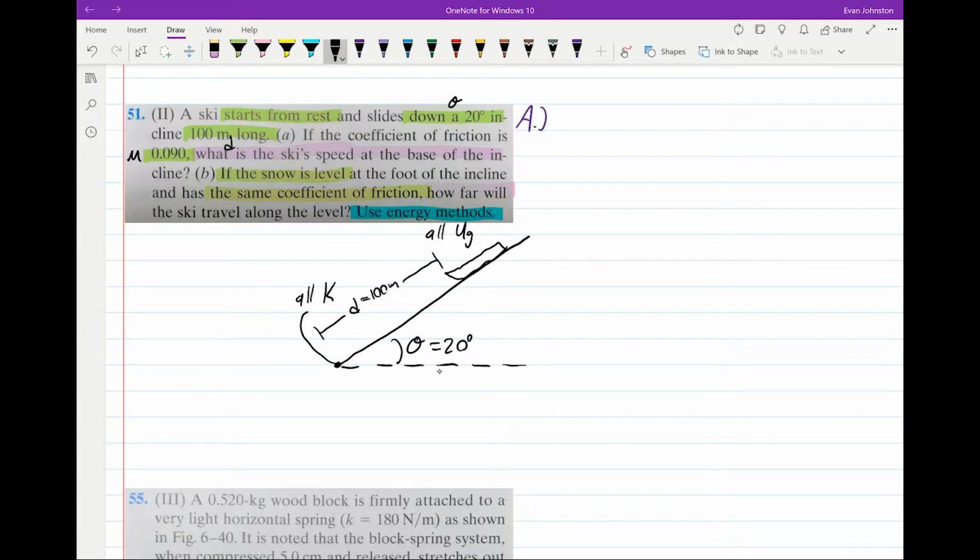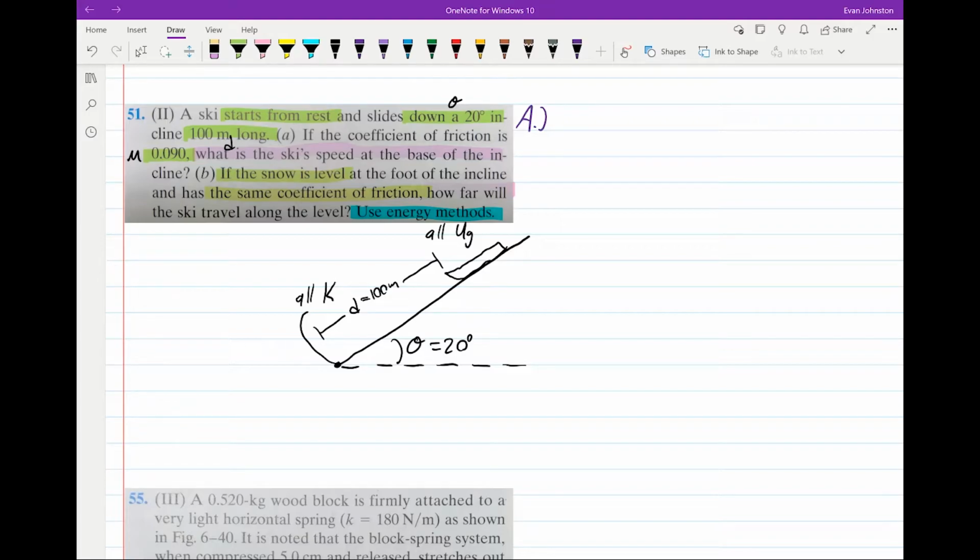As the ski has slid down, it's warmed the molecules, not just of the ice, but also of the ski itself, because there's this coefficient of friction. So essentially friction is acting over this distance. So we have a force and a distance. That means we're actually doing some work.